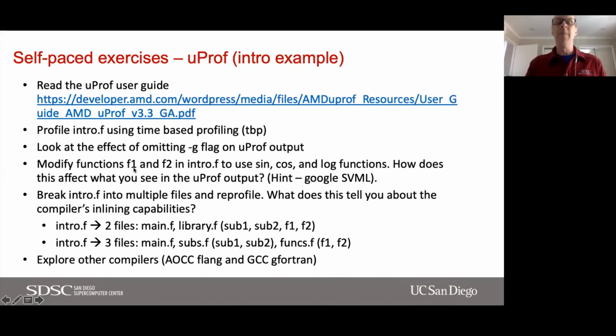For uprof, let me see a comment from the chat. Good question from Will. If you compile without -O3, will it also disable inlining? That is going to depend on the compiler. First of all, the default optimization level for compilers varies.